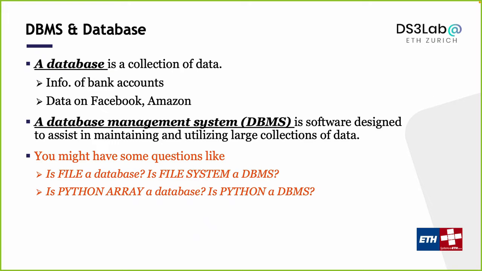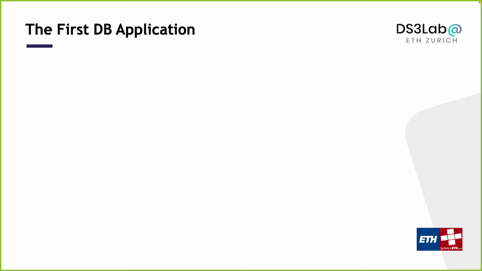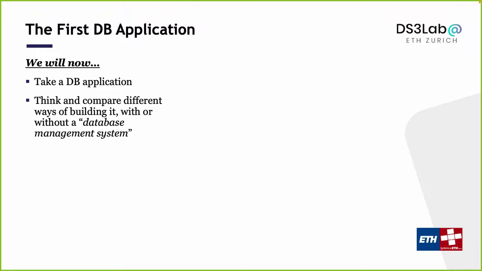Then let's take one concrete application, which is actually the first database application that I think humans ever built, back in the 1960s. Let's compare different ways that we could build such an application, with a database or without a database. Then we try to think about what properties we want from a database management system that could really help us.